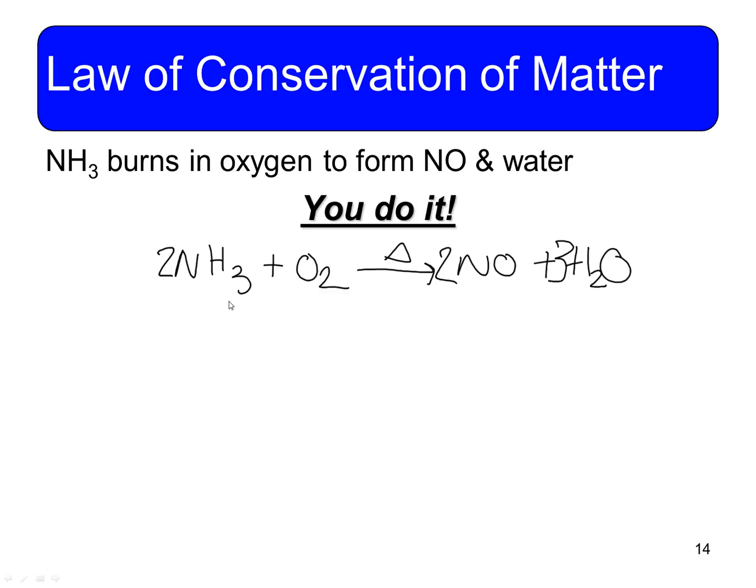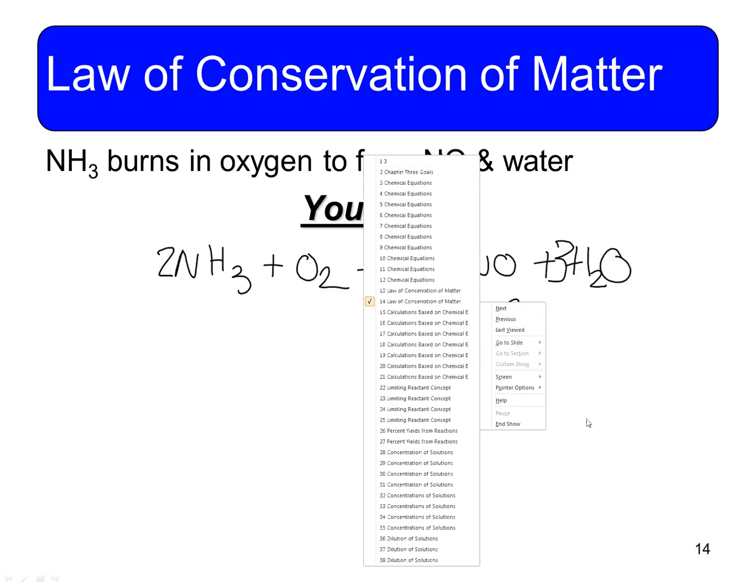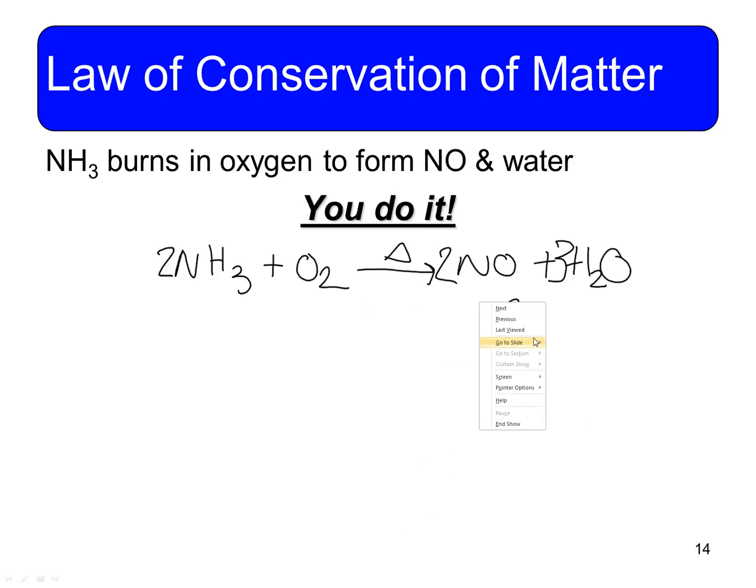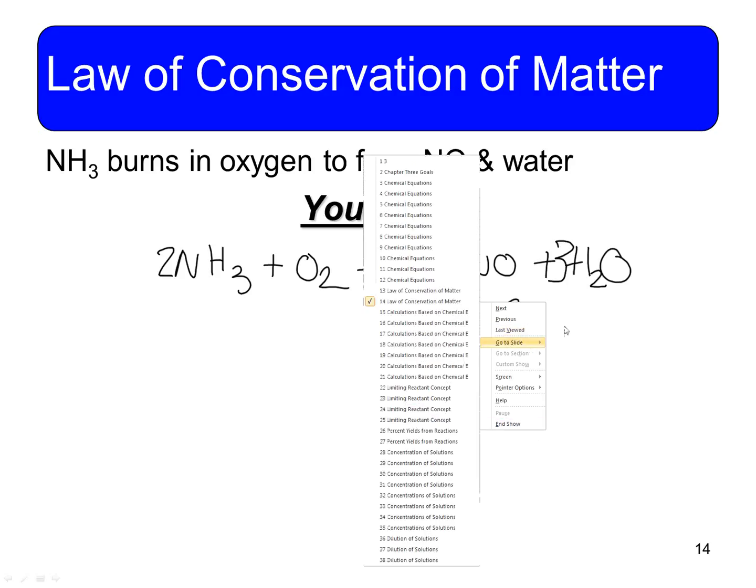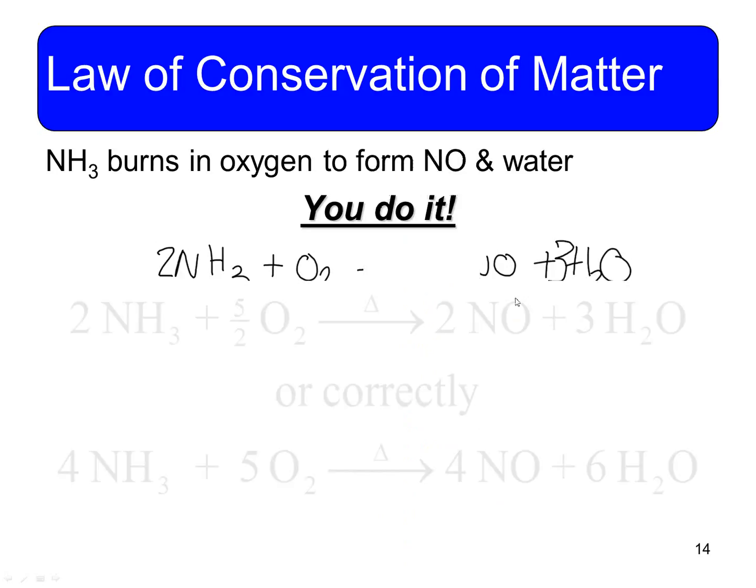Okay, but how many oxygens do we have over on our product side? How many? We have 3. Okay, we're going to go to the next.